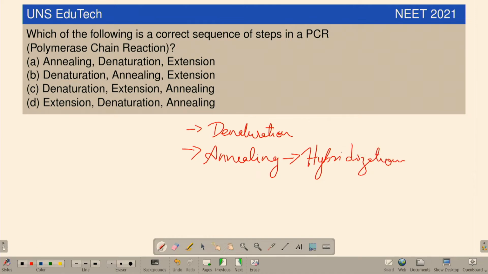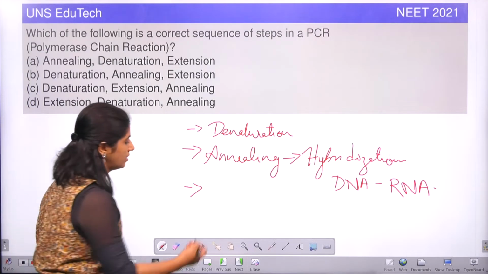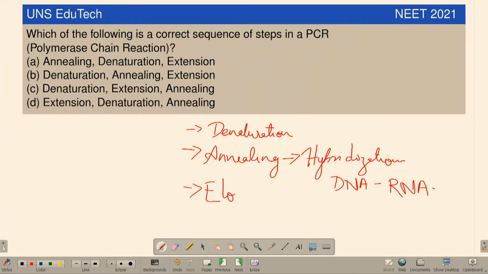Hybridization between the DNA strand and the RNA primer, right? And the third step is elongation, or we can call it extension. Now we know the order: denaturation, annealing and elongation.